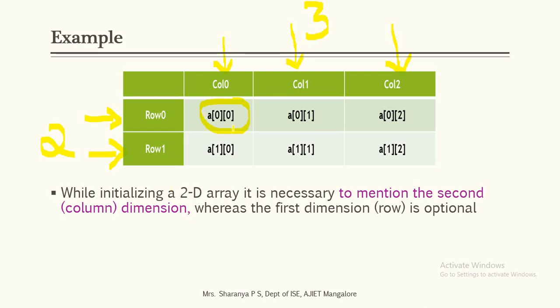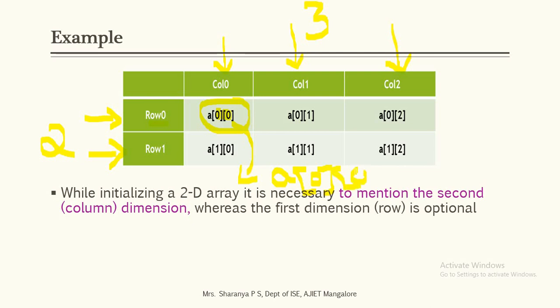Here, if we want to refer to the very first element in the matrix, we use the row index value 0 and the column index 0. That is, the name of the array is A, the row index is 0 and the column index is 0.